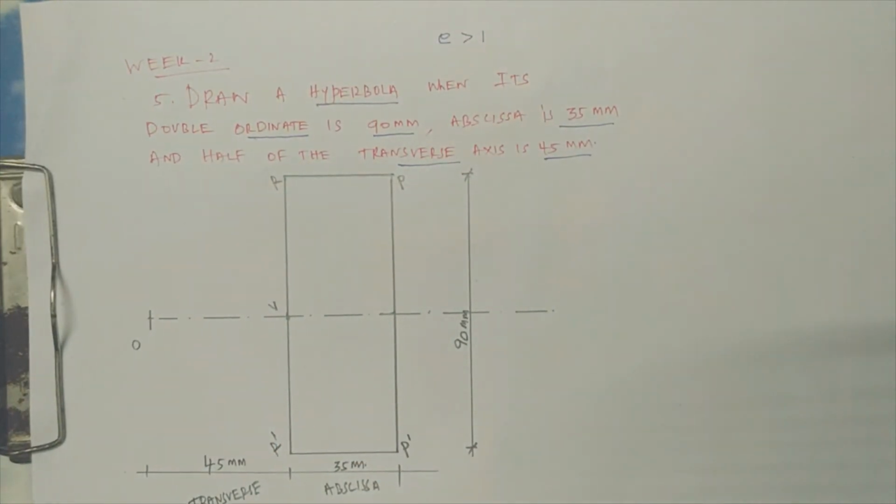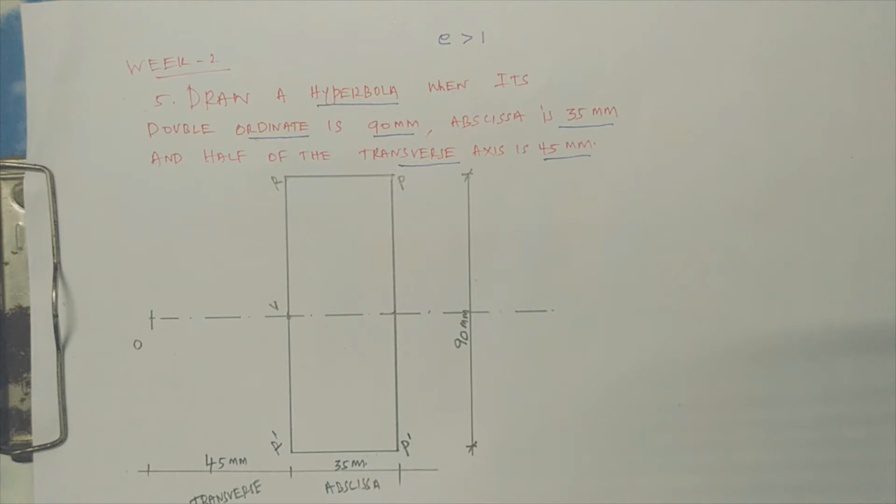As in the rectangular method, we divide from the vertex to the corners.